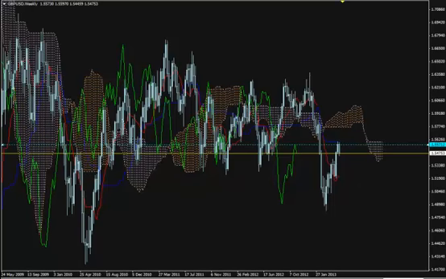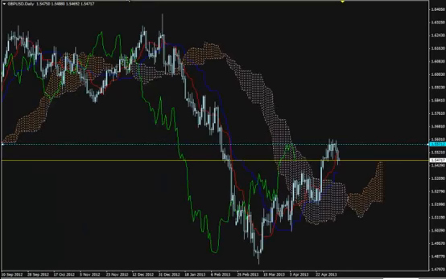So this is what I saw, and I believe that price will start resuming upwards pretty soon.